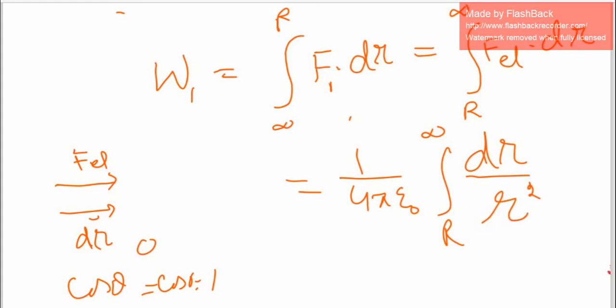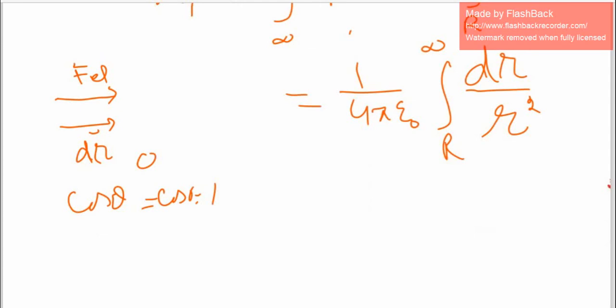If I open up this integral, we get minus 1 over r from r to infinity, so we get the electrostatic potential energy.